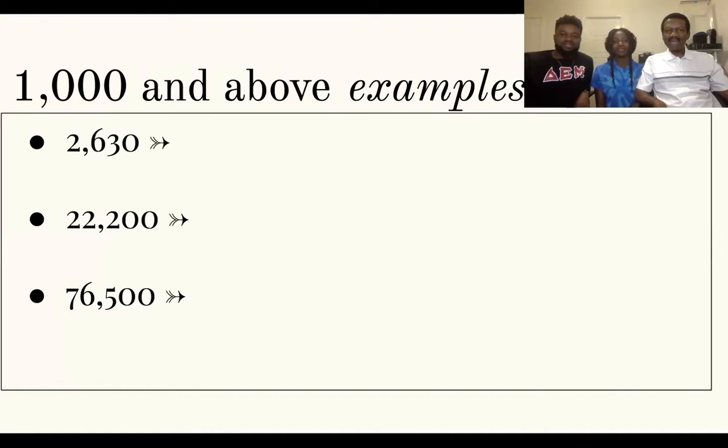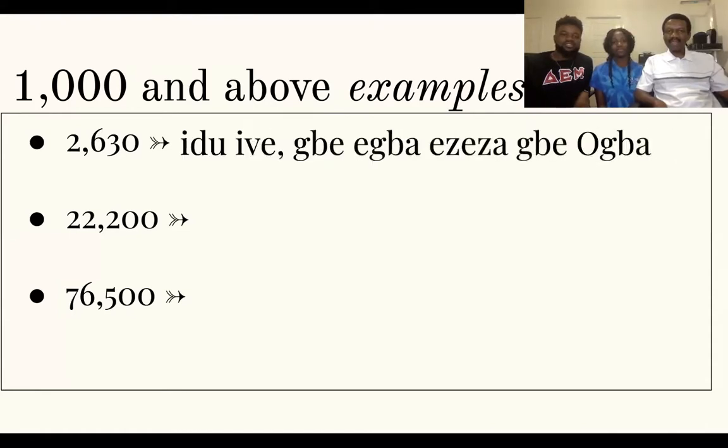Okay, now we're going to go through some examples of numbers over 1,000. So the first one, 2,630 is Idu Ive Be Egba Iziza Be Ogba.